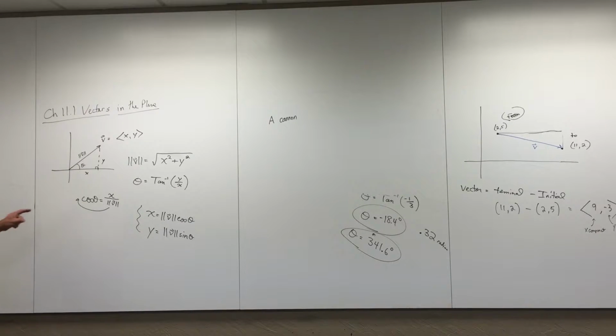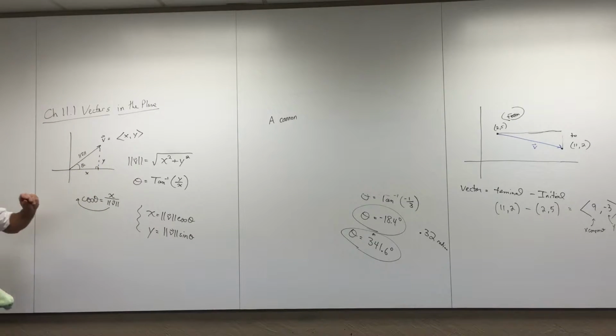If you know the hypotenuse length and the angle, you'll get the right x and y. If the magnitude was doubled, the x's and the y's would double. That's a similar triangle, and the angle would remain the same. So there are no problems with this formula.